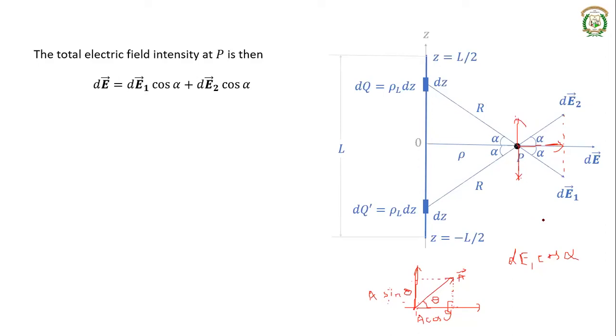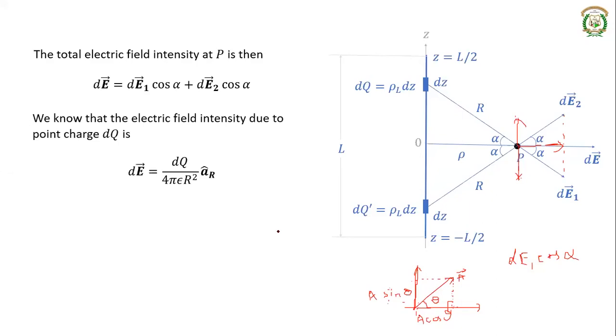The expressions for dE1 and dE2 can be obtained by using the expression for electric field intensity due to point charges dq and dq dash. dE1 is because of charge dq, dE2 is because of charge dq dash. If the charge is dq, the electric field intensity is given by dq by 4 pi epsilon r square into a r cap.